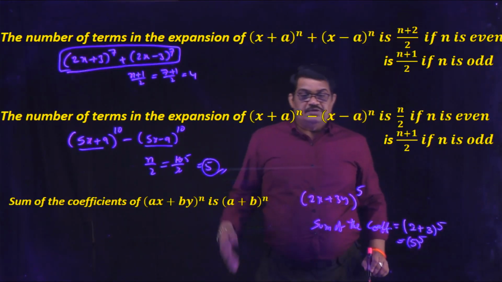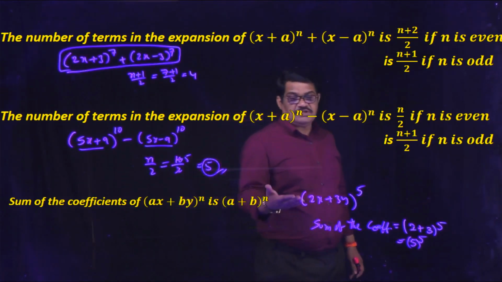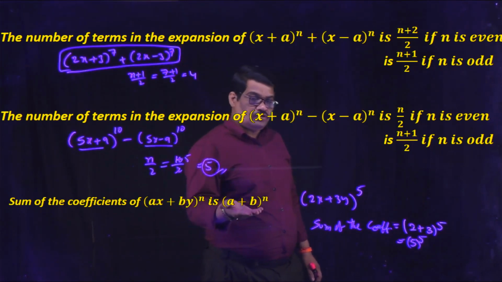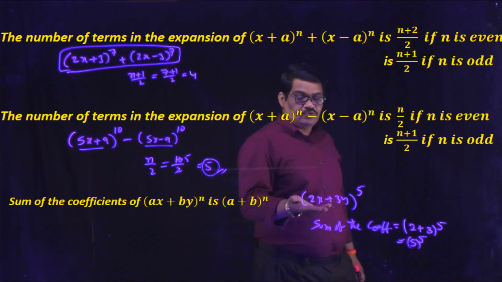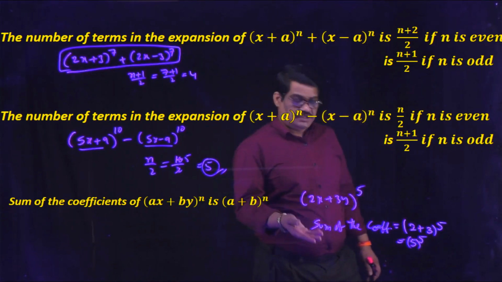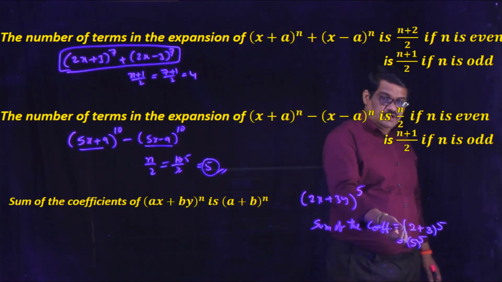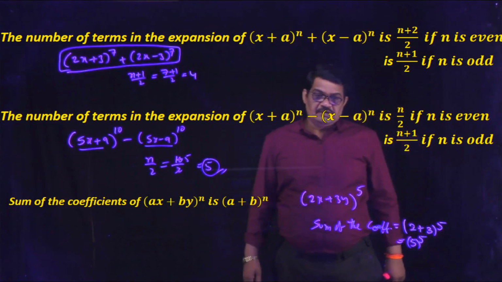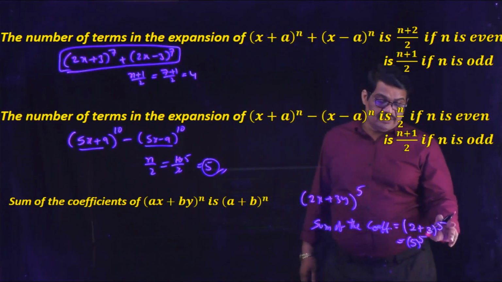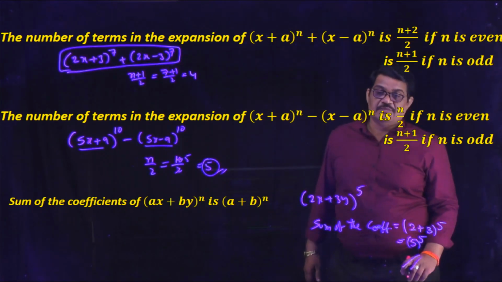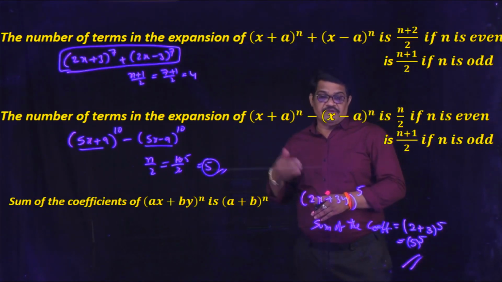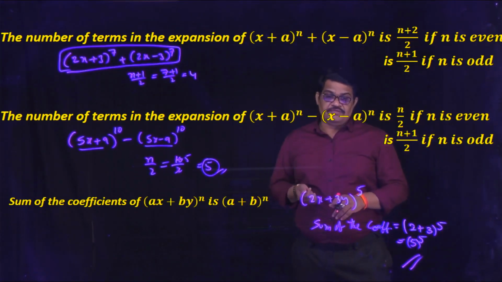So the sum of the coefficients of (ax + by)^n is (a + b)^n. For example, in (2x + 3y)^5, the sum of the coefficients is 5^5. Here n is 5, a is 2 and b is 3. That is the sum of the coefficients in the expansion of (ax + by)^n is (a + b)^n. Okay.